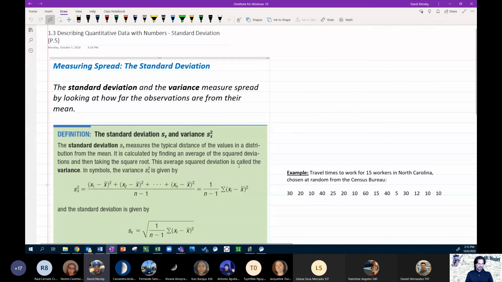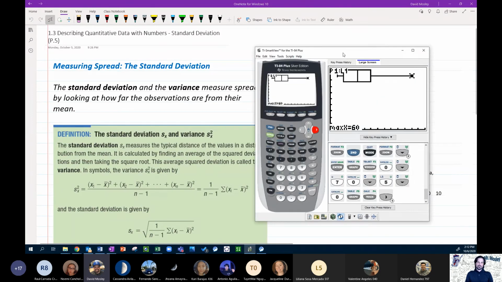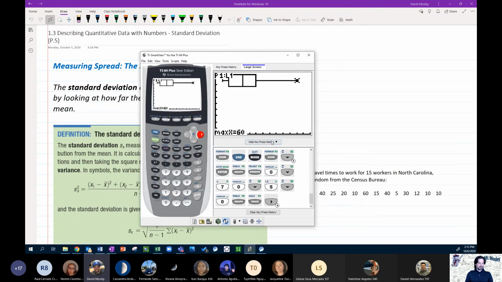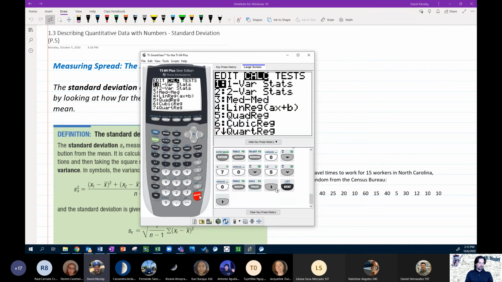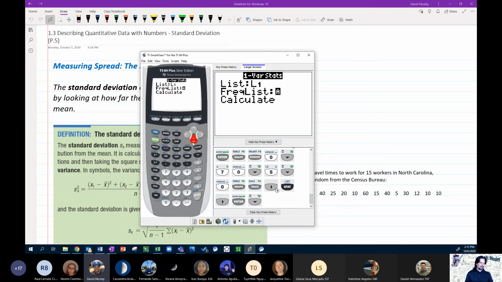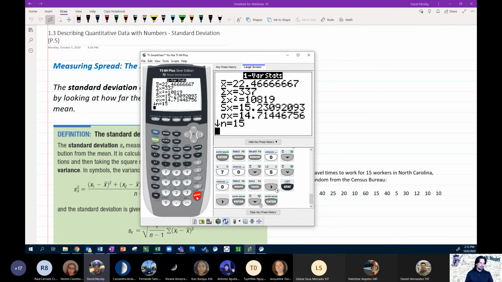As you can see, the formula is terrible. The good news is our calculator finds these things for us, right? So if we go back in our graphing calculator, we go to stat, we calculate our one variable statistics again, right?